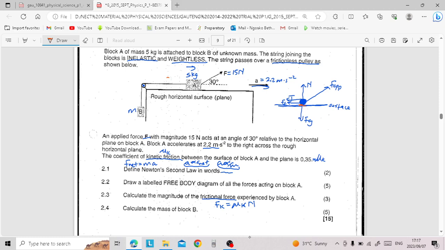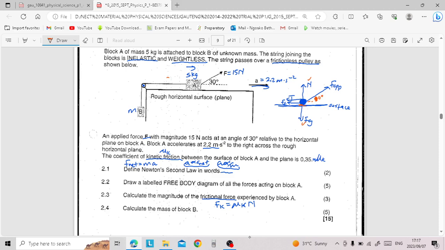The normal force acts vertically, perpendicular to the surface. We have the normal force vertical, Fg vertical, and the applied force acting at an angle theta, which is 30 degrees.